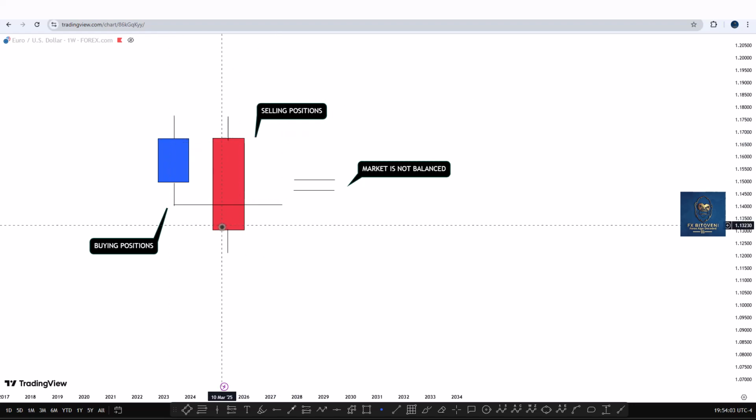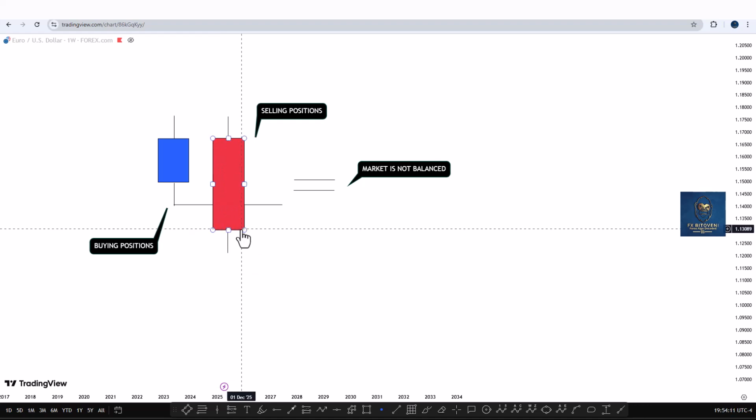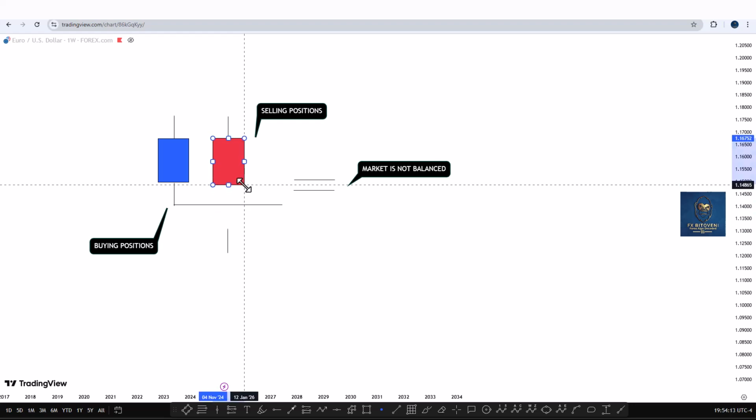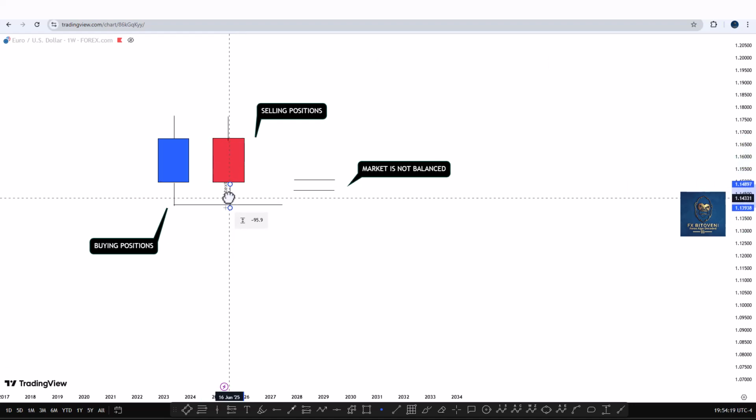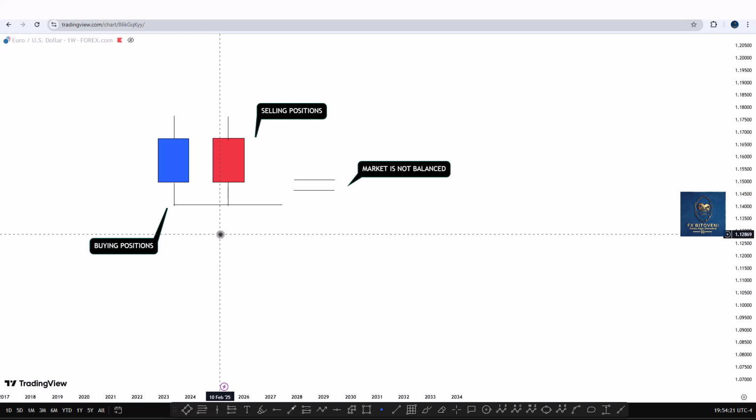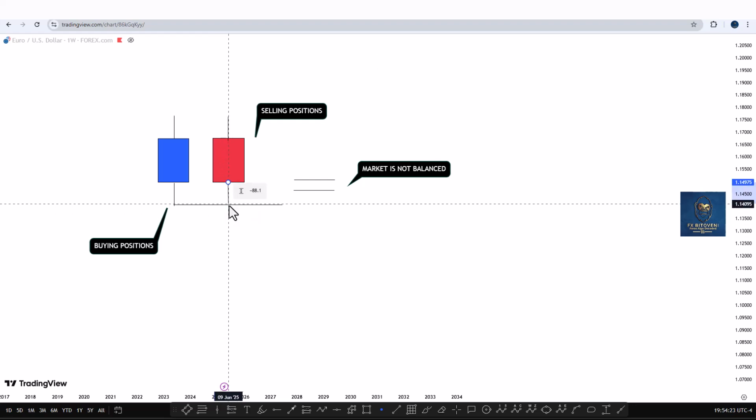If we need an equal market or equal price, we are supposed to see this bearish candle around here on the same level, even in the wicks.